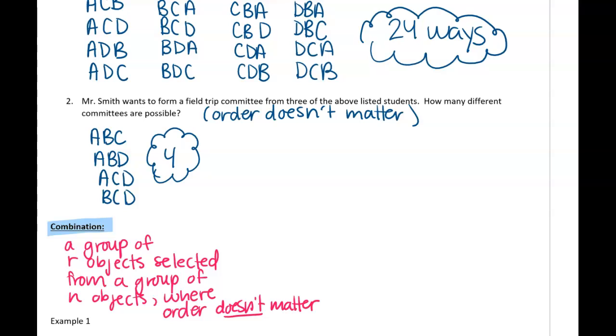So the formula, NCR equals N factorial over R factorial times N minus R factorial.